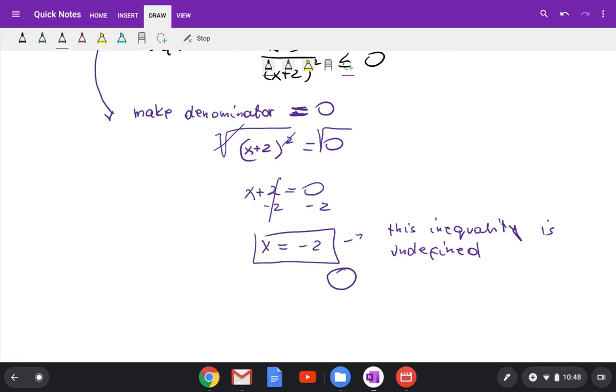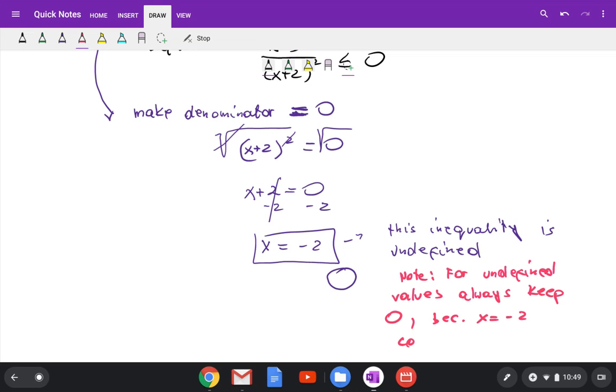Okay, so note: for undefined values, always keep an open circle, because x equal to negative 2 can't be a solution.